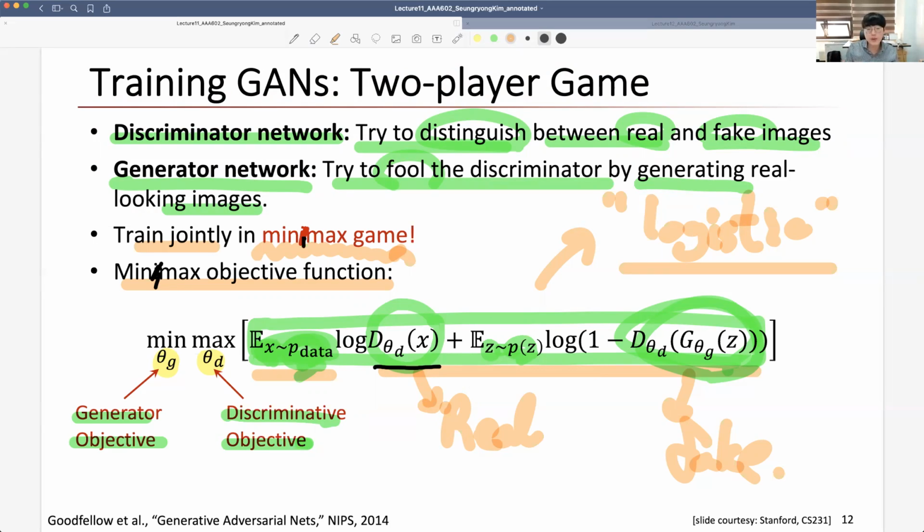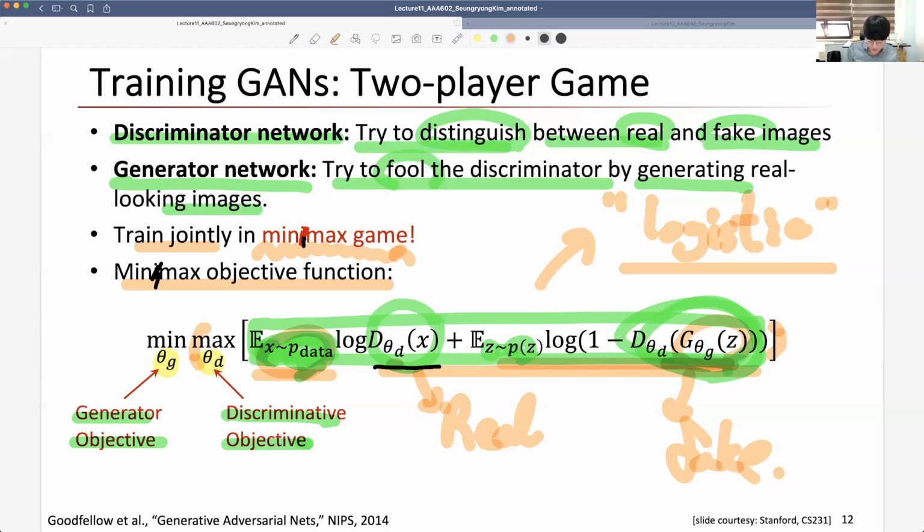The real input for the discriminator should be the real image itself, from the real data distribution, and the fake input of the discriminator is going to be the generated image from the generator network, defined like this. So this is the formal two-class classification loss to train the discriminator model.